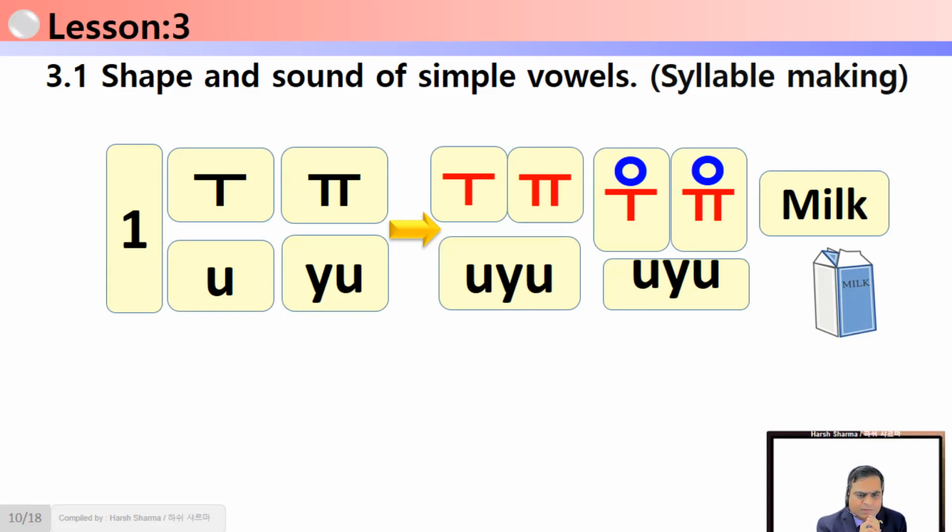When we join them, as you can see on your screen, there are 2 boxes in red color. They are joined together now. Uyu, you have written, and you are pronouncing it correctly. But this red color spelling is wrong. If you see after the red color, there are 2 more boxes with a blue color circle on the top. This spelling is correct.